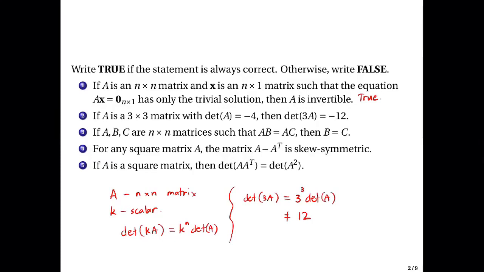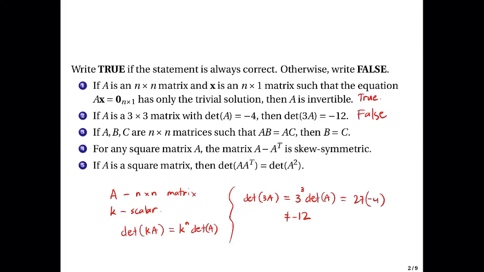Of course, 3 to the 3 is 3 times 3, that's 9, times 3 is 27. And the determinant of A was given to be -4. So this is definitely not equal to -12. So the answer here is false.